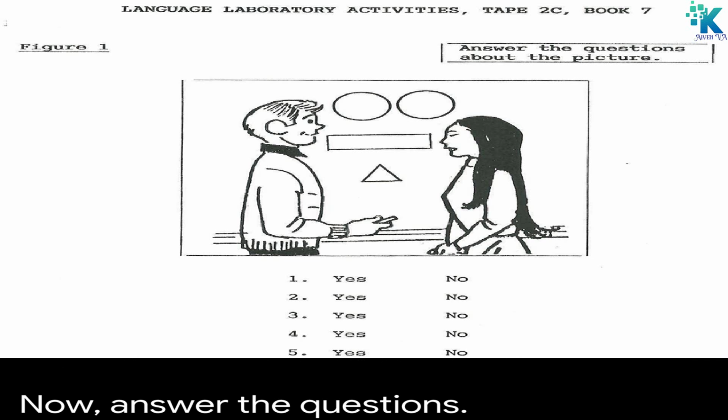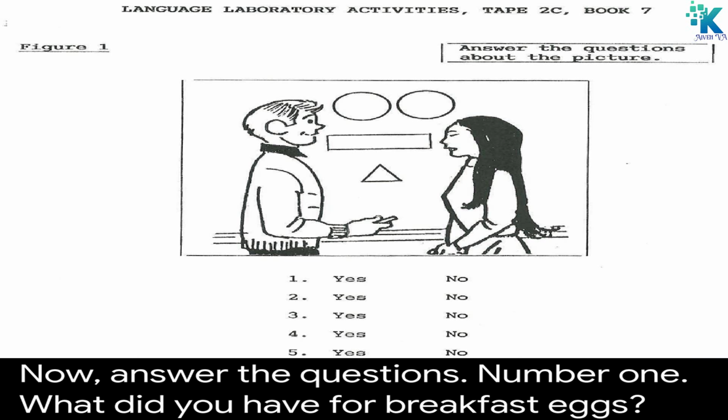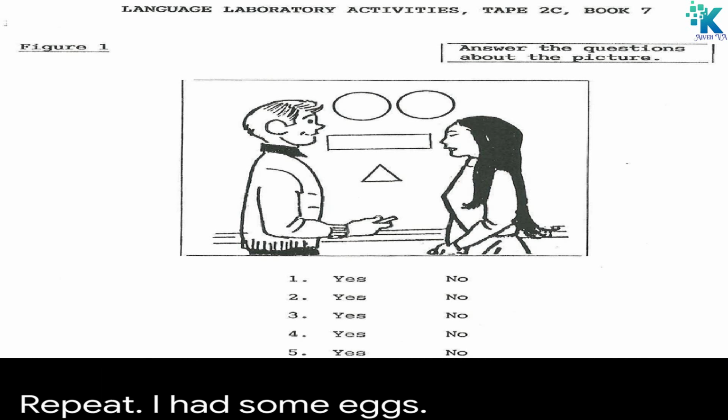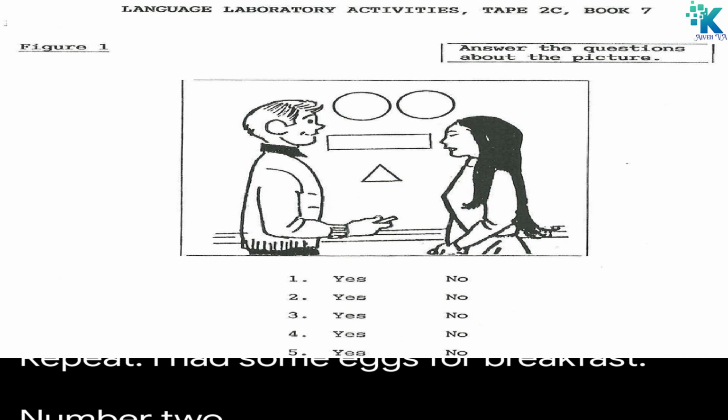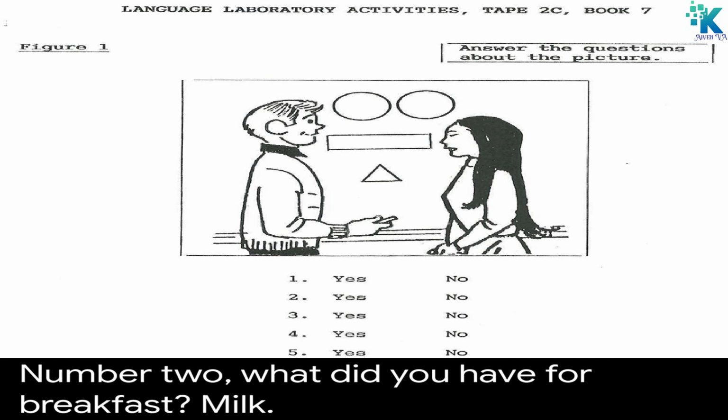Now answer the questions. Number 1. What did you have for breakfast? Eggs. Repeat. I had some eggs for breakfast. Number 2. What did you have for breakfast? Milk.